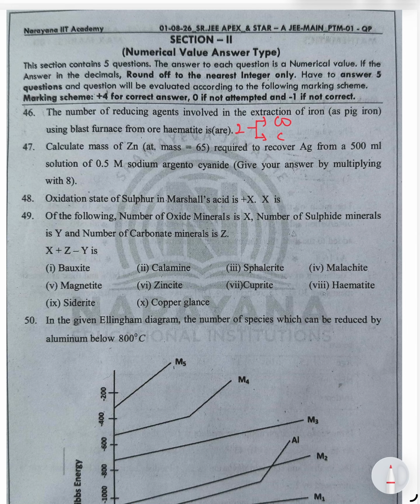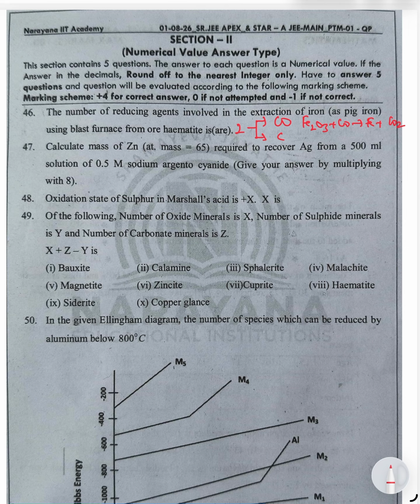Generally carbon monoxide is used in the reduction of ferric oxide, Fe2O3 plus CO gives Fe plus CO2.